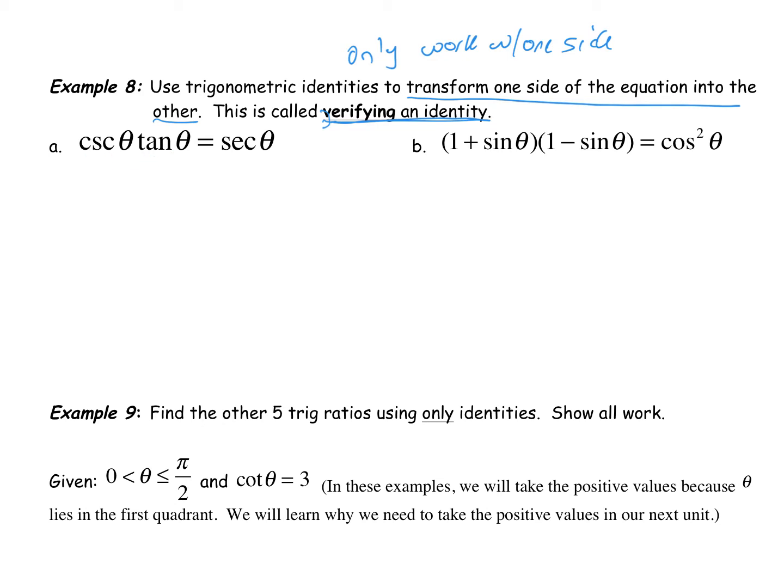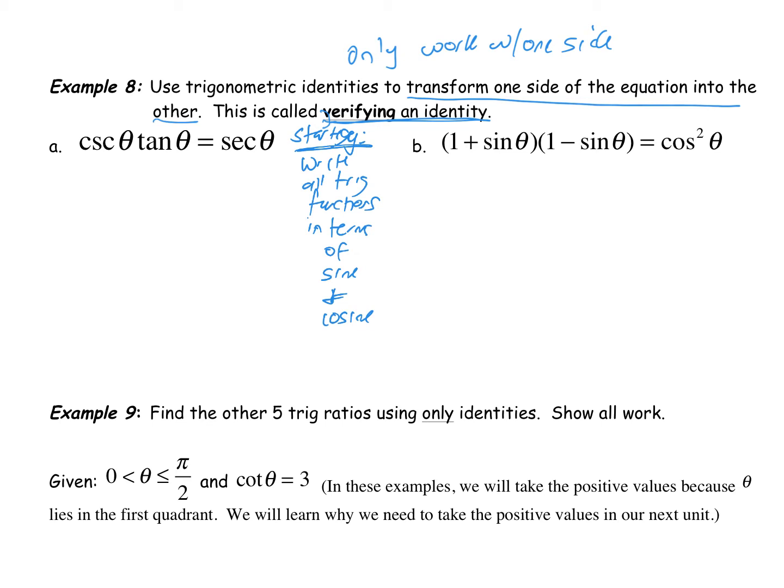One strategy that you can often use is to write all the trig functions in terms of sine and cosine. The goal then is that once we do that, things can cancel out and maybe we can transform one side of the equation into the other. For this trig identity, that's a strategy that we can use.